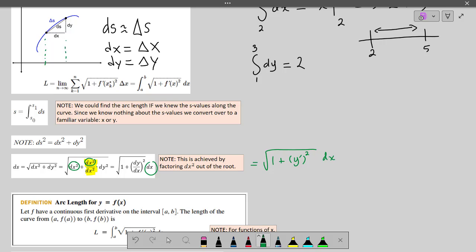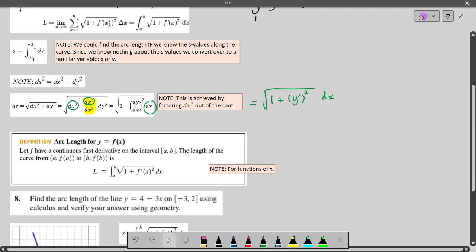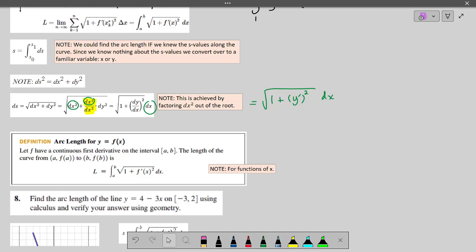So we're going to come down here and find our x limits right there, the a and the b. So that's how we're going to convert an arc length integral. An arc length integral has a ds as its natural differential, but we can't do anything with it. So we're going to convert ds into the root of 1 plus y prime squared multiplied by dx.